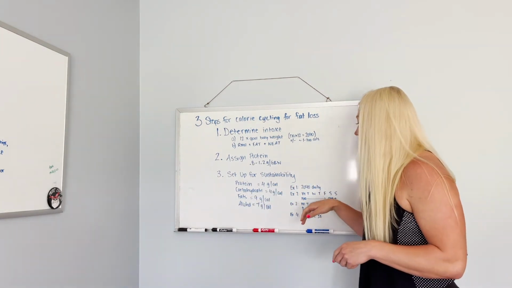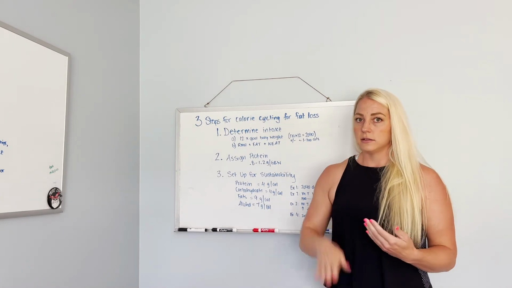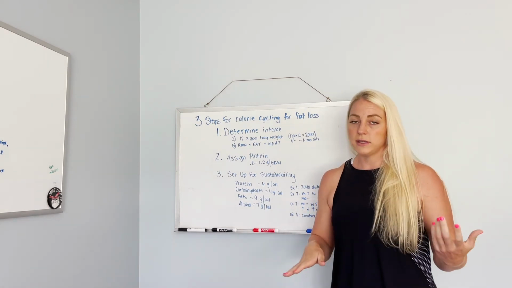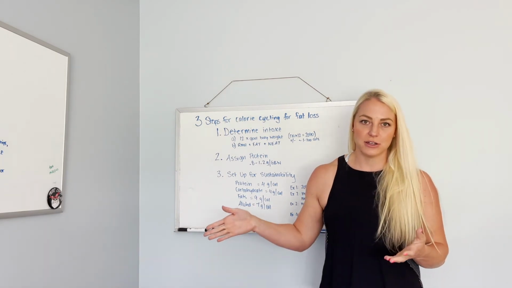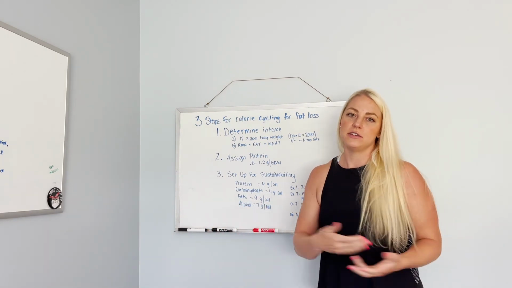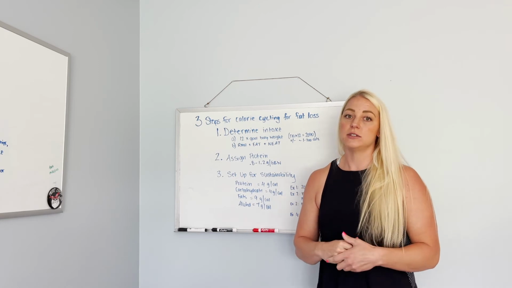So Monday through Friday, I would look at dipping into a slightly lower number, being 1,800. Saturday and Sunday, looking at 2,300 to make up for those calories throughout the week. That also just allows you a little more variety and flexibility on the weekends, which can be very nice.